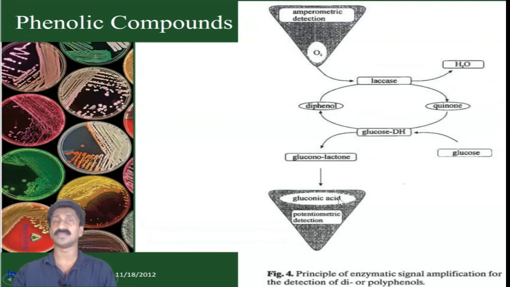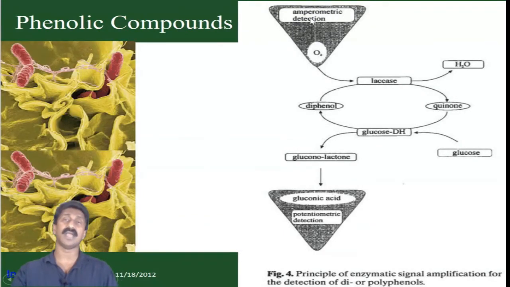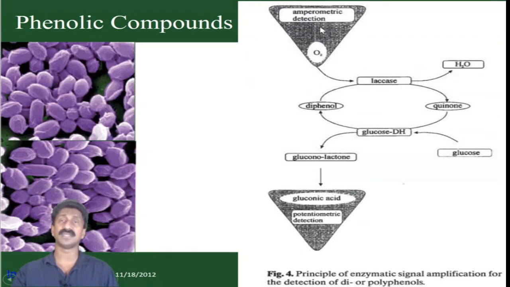And we can use the oxygen consumption using an oxygen electrode, which is used in the amperometric detection system, for the phenol to quinone conversion. During the conversion, the oxygen electrode will detect the conversion. So that's based on the amperometric detection system.